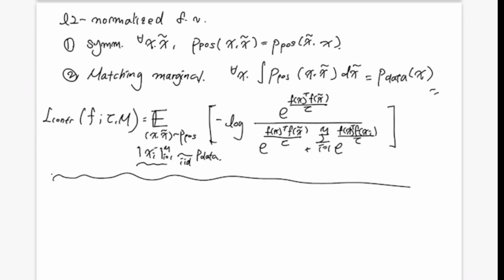So this is finally the commonly used contrastive loss form for L2 normalized representation.